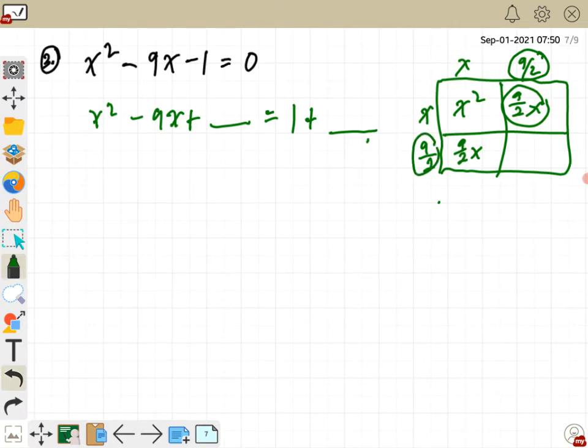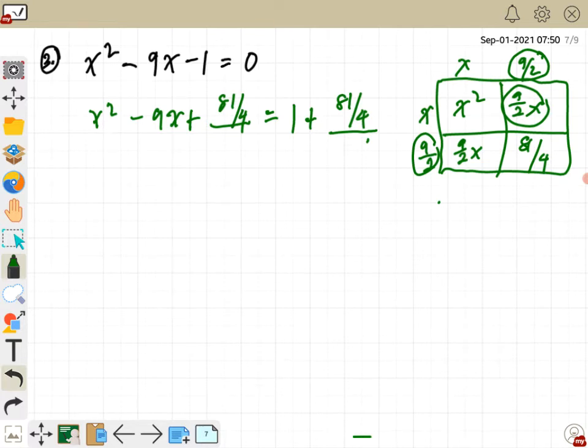Multiplying 9 over 2 and 9 over 2 to get our final quantity inside that will make it a square, this is 81 over 4. So this one is 81 over 4, and this one is 81 over 4.